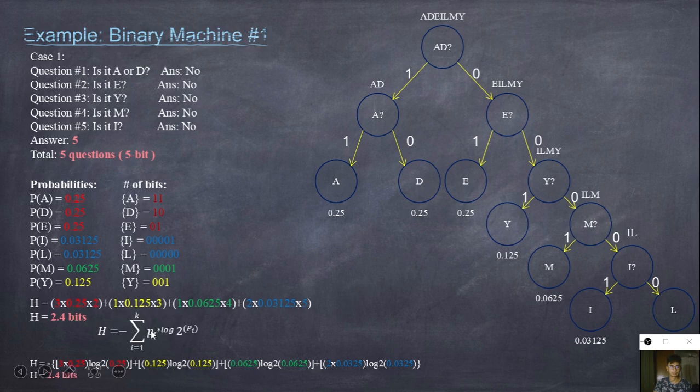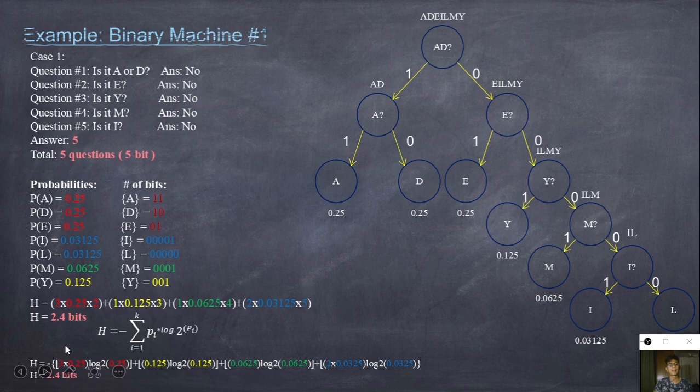Here we will use the Hartley equation or function, which is this equation, to calculate its entropy.